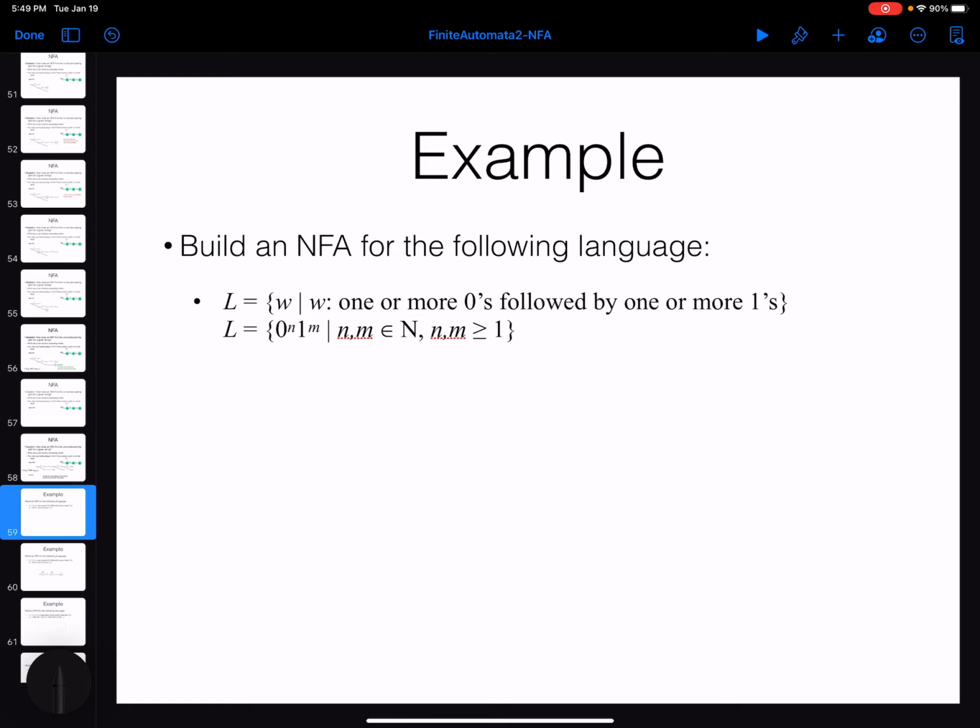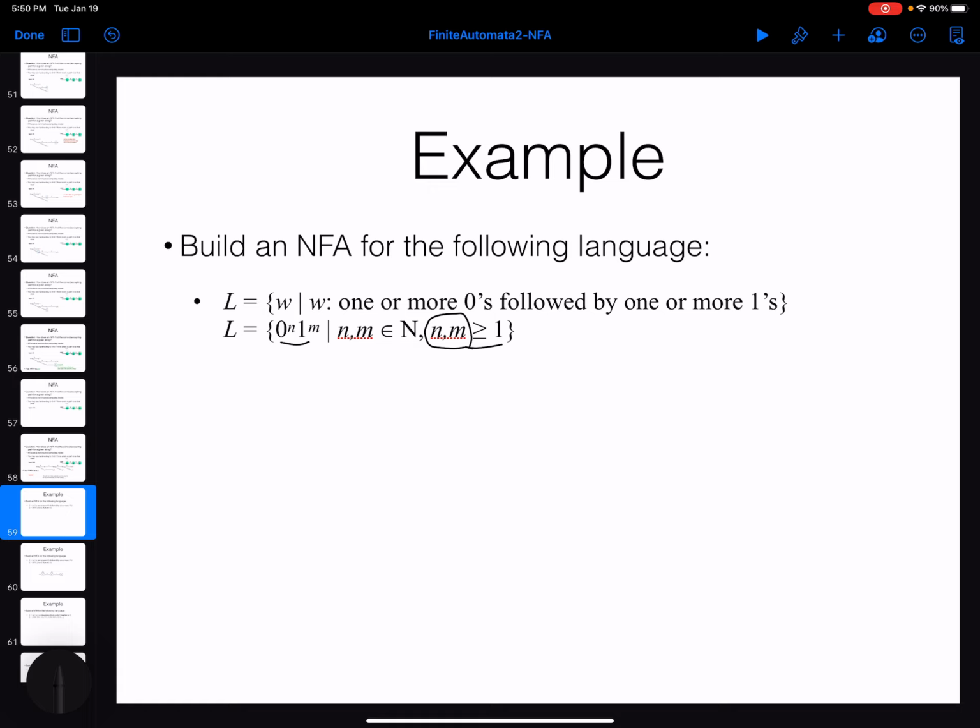Okay, so let's see another example. Designing an NFA that accepts all binary strings in this form: a couple of zeros followed by a couple of ones, where the number of zeros and the number of ones are both going to be greater than 1, but there is no relationship between them.